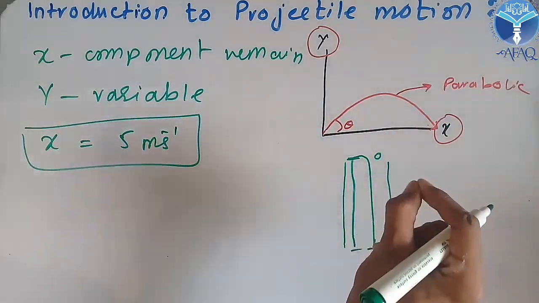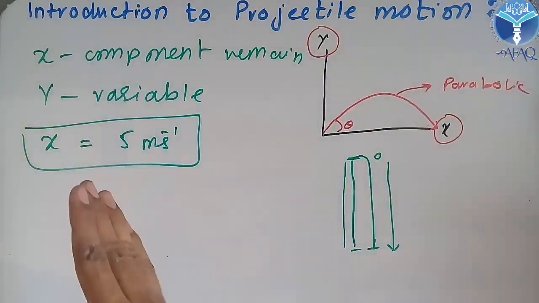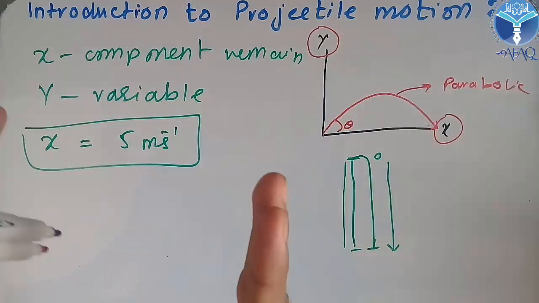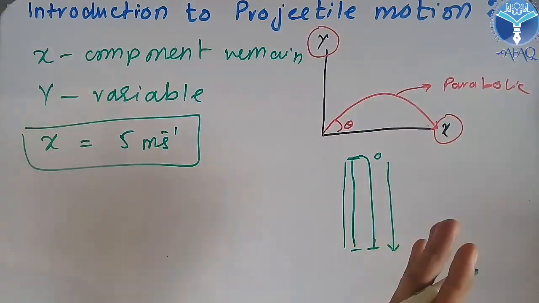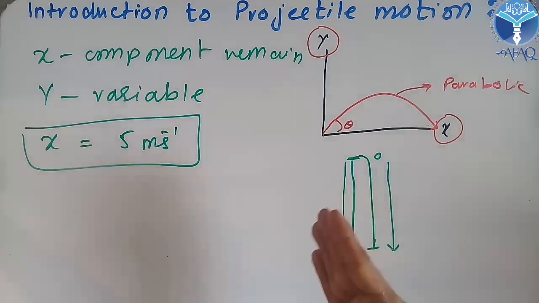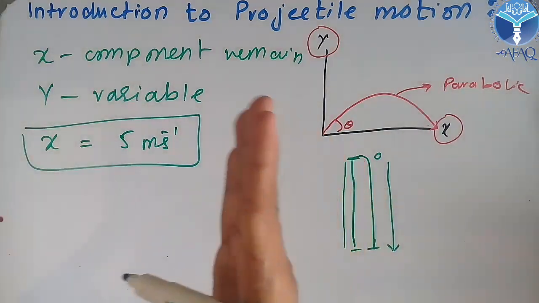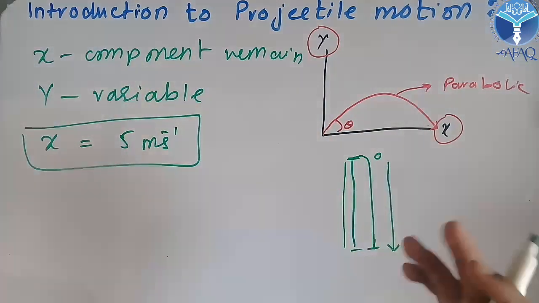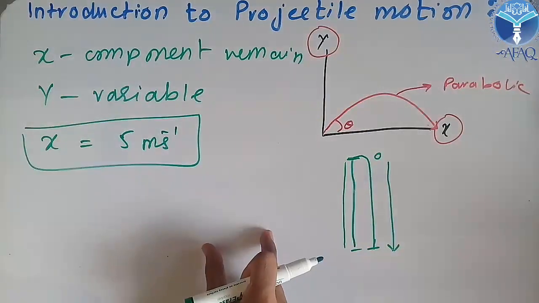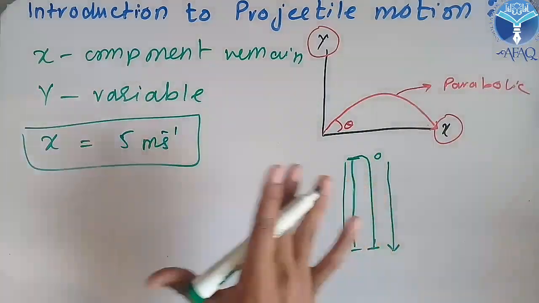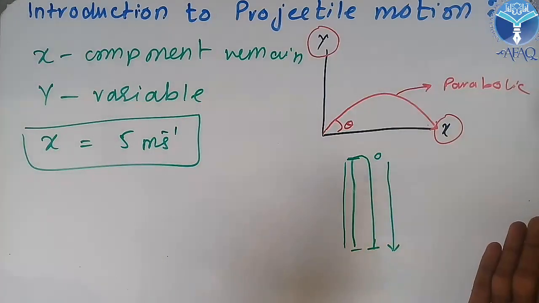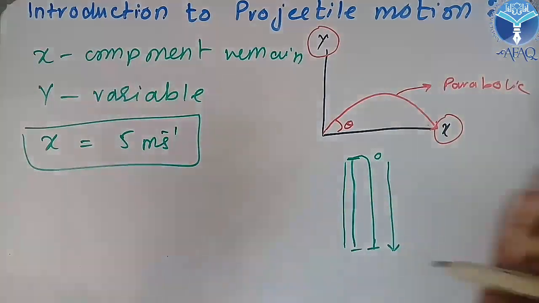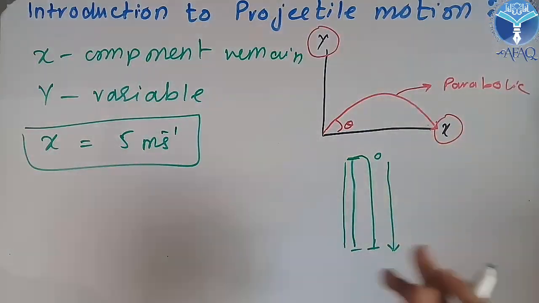That is why we take the x component as constant, and we neglect the drag force. If we consider the drag force, then our calculation will face some complexity. So in order to avoid that complexity, we use a simple calculation in which we neglect the drag forces, the spin movement of the ball, and the air.